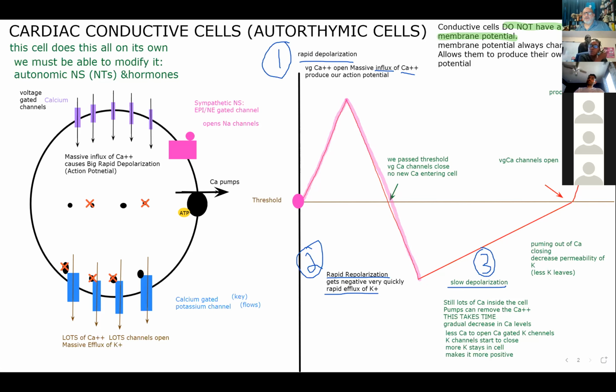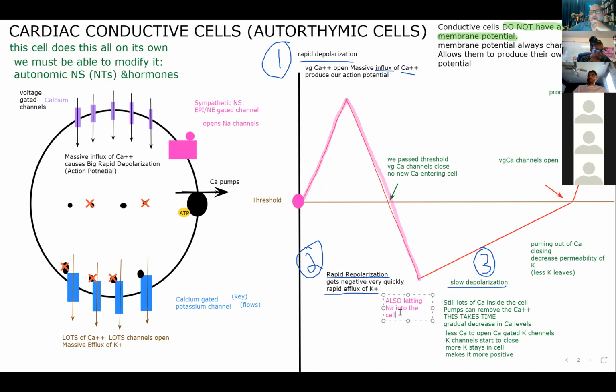But now, with my slow depolarization, not only do I have more potassium staying inside the cell, but now I'm also letting sodium into the cell. By opening up these sodium channels, I'm letting sodium into the cell.